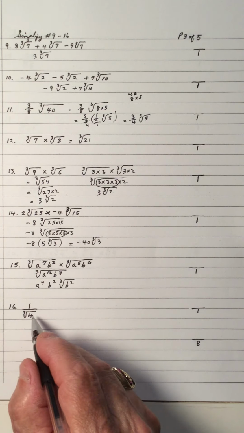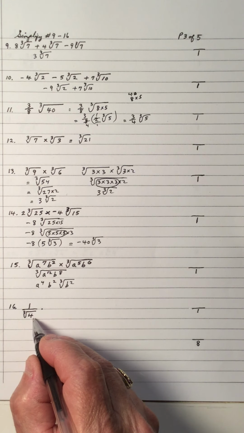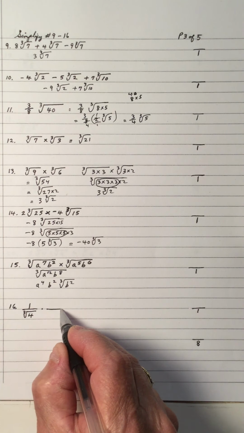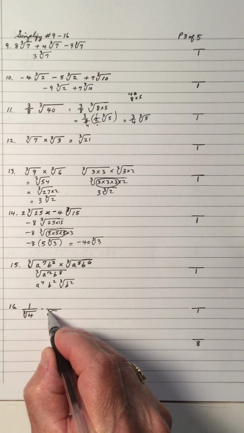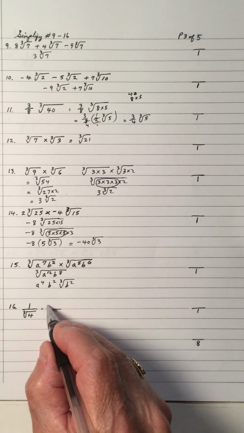16, we have a radical in the denominator, so we'll multiply by, and 4 is, we need a perfect cube on the bottom, so we have a 4, so we multiply by the cube root of 2.